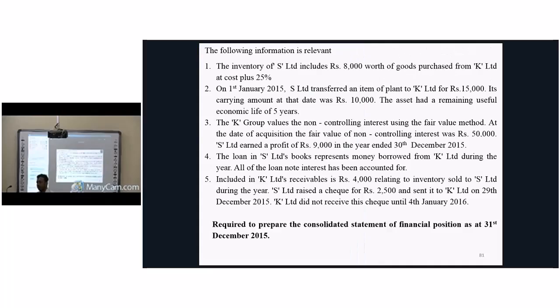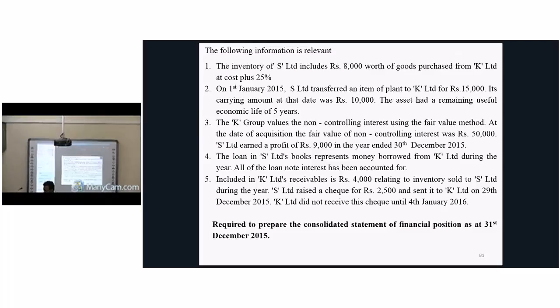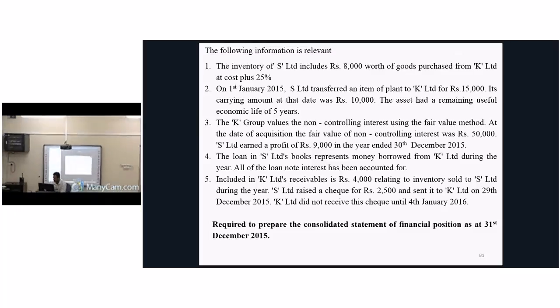Read these adjustments carefully, just to understand the question first. Look at the first one.